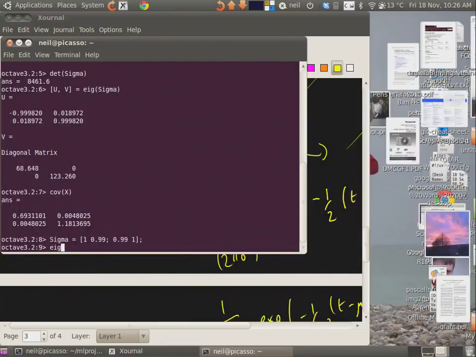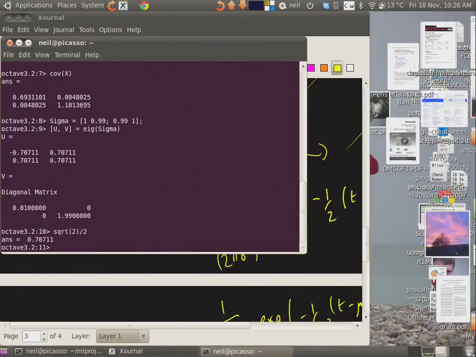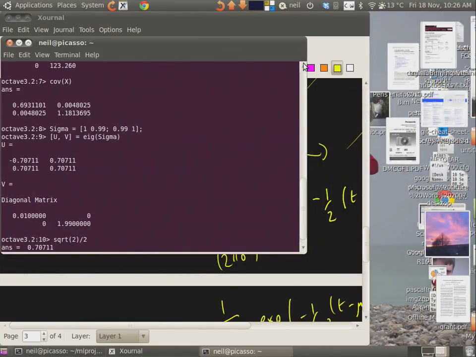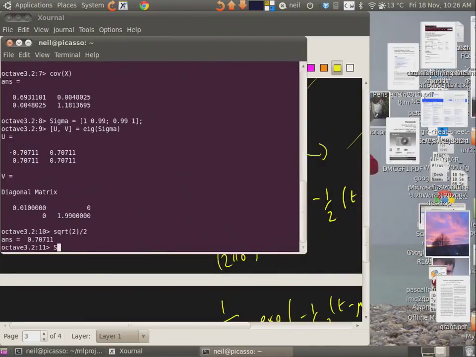If we look at the eigenvalues of this, look at that. Square root of 2 divided by 2, approximately. So a very, very strongly correlated matrix because I made these off-diagonal elements large. Let's look at sigma.